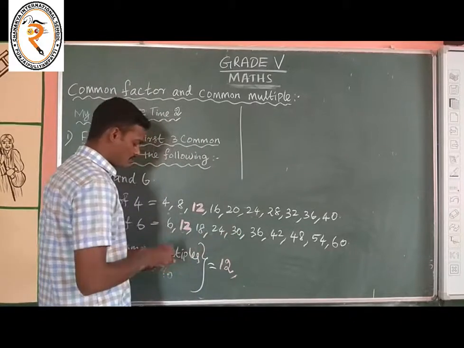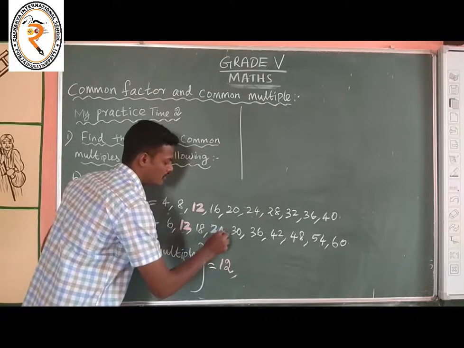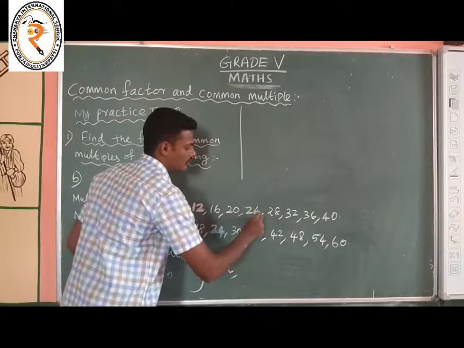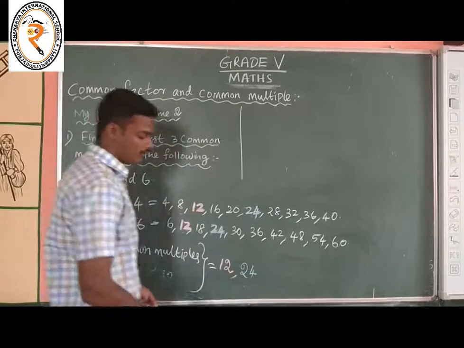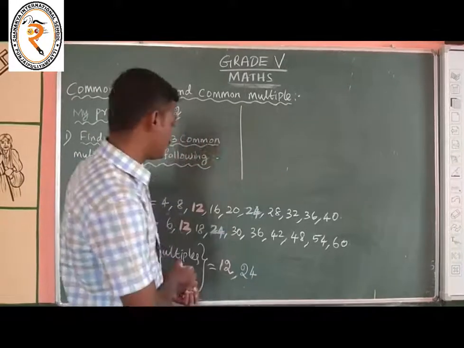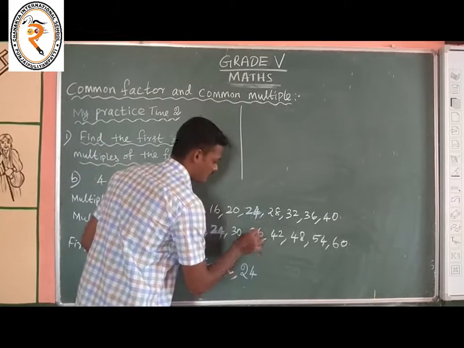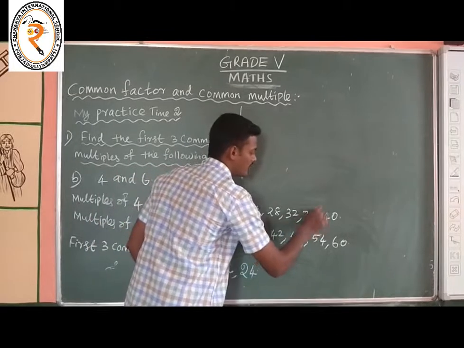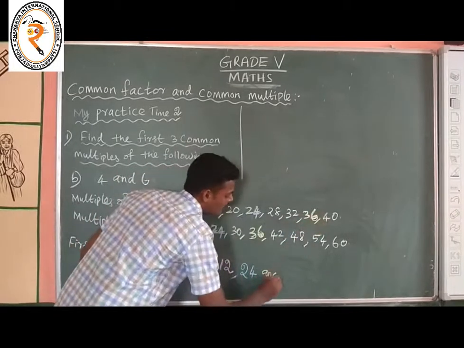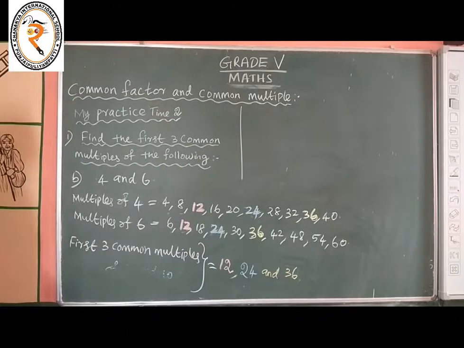The second common multiple is 24. And the third common multiple is 36, here also 36. So 12, 24 and 36.